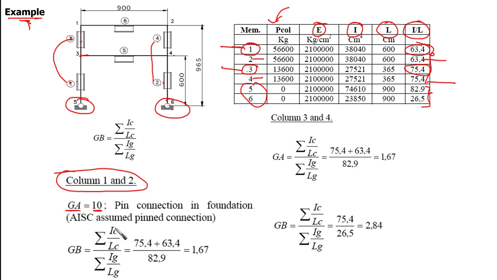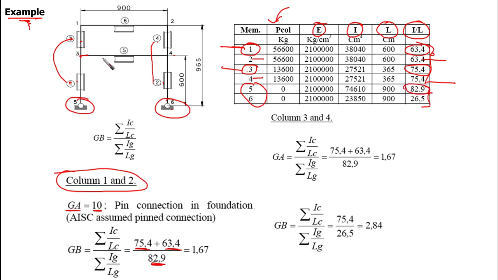So we're going to say I column over L column, which is 75.4 plus 63.4, for column 1, for example, and this is for column 3, and then over I girder over L girder, which is going to be 82.9, which is given here for us.